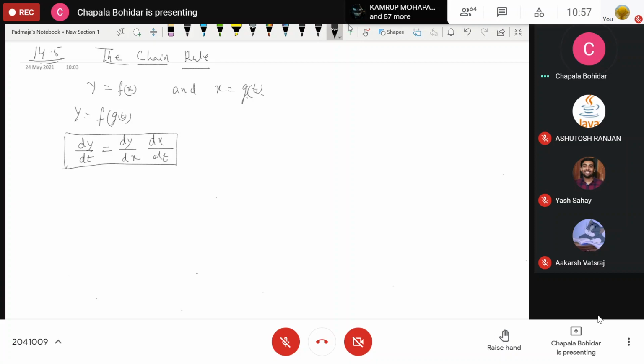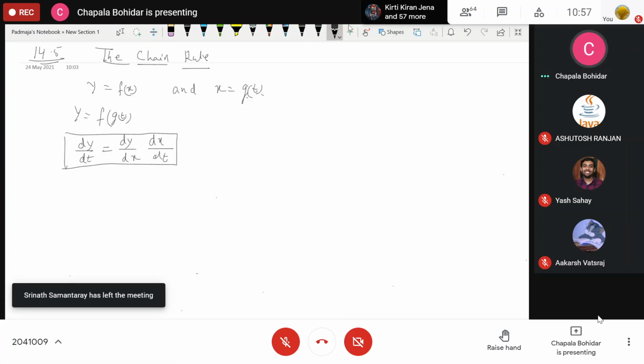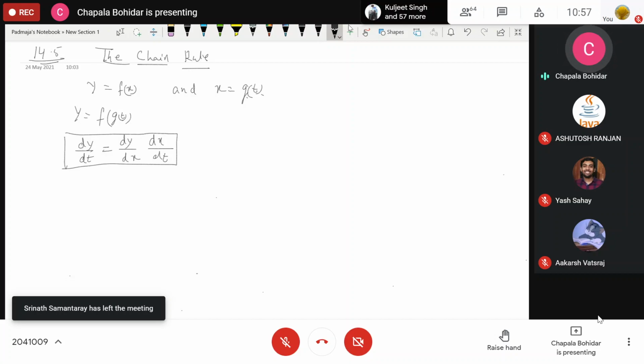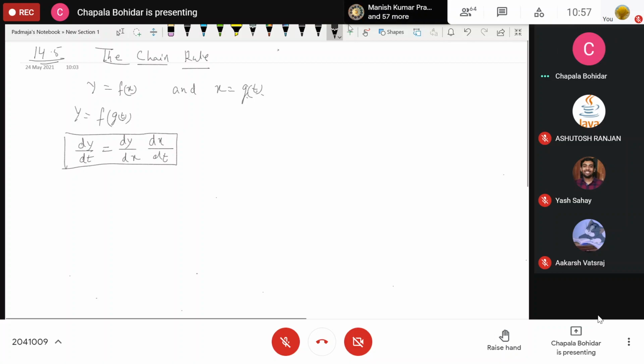Now we read the function of two variables or more than two variables. Okay, chain rule of several variables. So now the chain rule, case one.